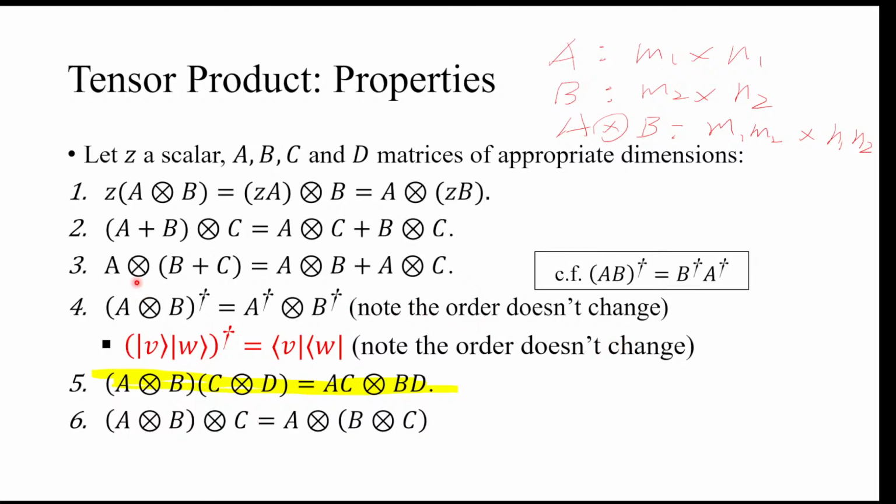And in particular, when you have two ket vectors tensored together, and you take the adjoint, they become two bra vectors, and the order of the bra vectors is the same as the order of the ket vectors. So v tensor w, when you take the adjoint, becomes bra v tensor bra w. Okay, so yeah, those are important things about tensor product.